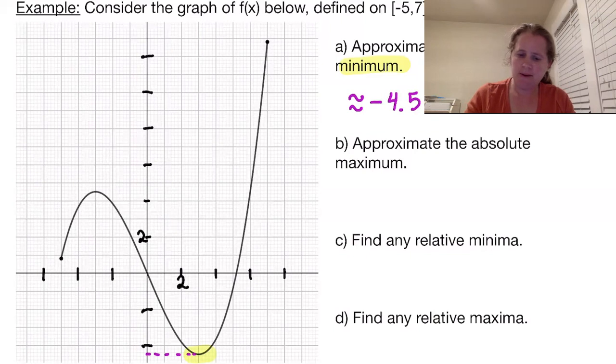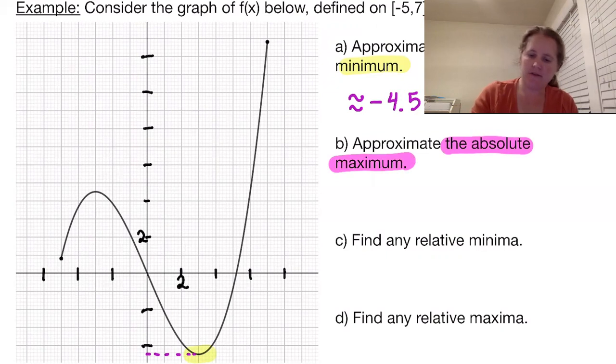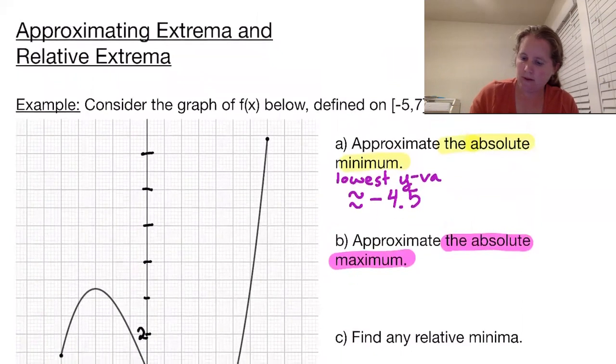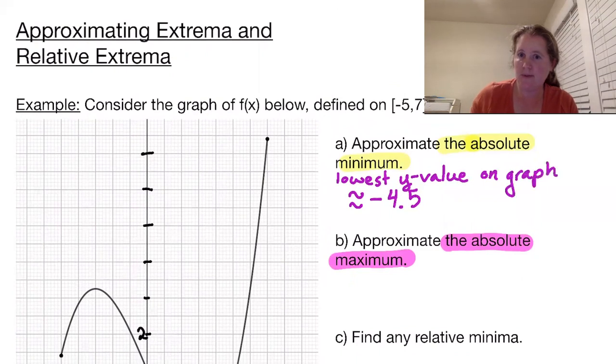Next up, we want to approximate the absolute maximum. So for the absolute maximum, we're looking for the highest point on the graph. Again, this was the lowest point, the lowest y value on the graph for the absolute minimum.